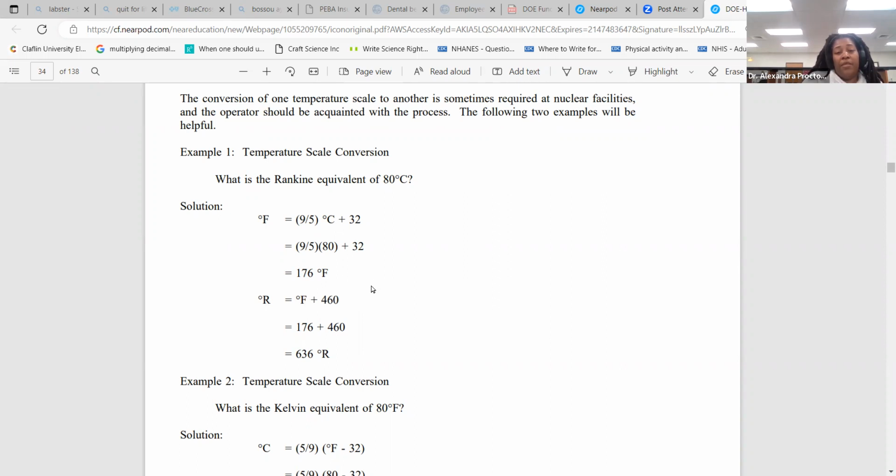Because they gave you this in Celsius, it's implied that you're going to have to do 2 steps. So they plug in that 176 plus 460, and they got 636 degrees Rankine.